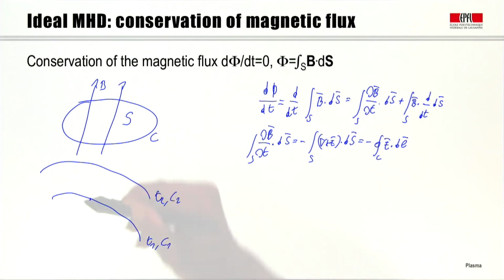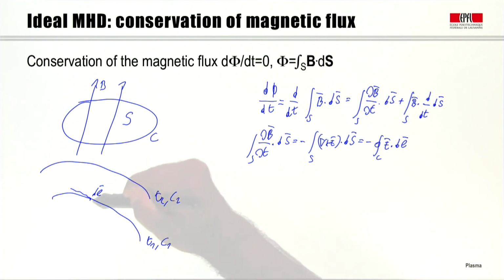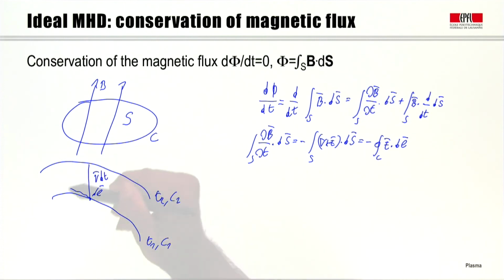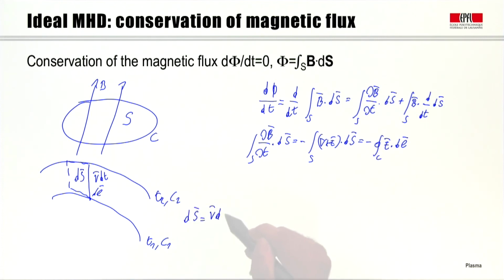If we take a point on the first contour, we can have the vector dl and then the normal, and so the variation of the surface element dS, we can simply see that it is the cross product of v dt cross dl. So we can use this expression for dS in the second term of our integral.